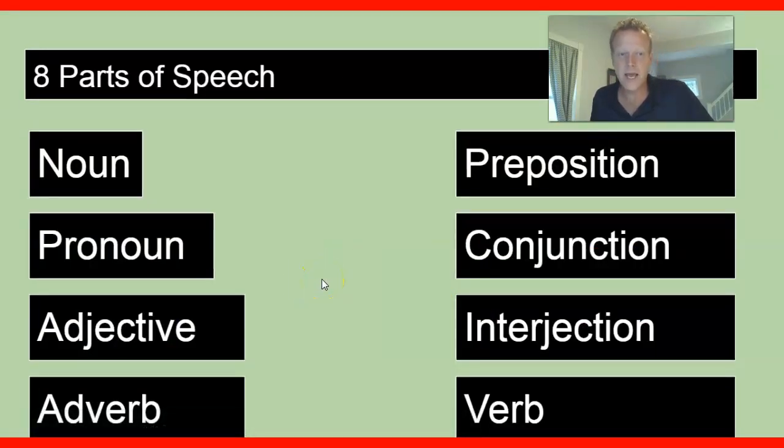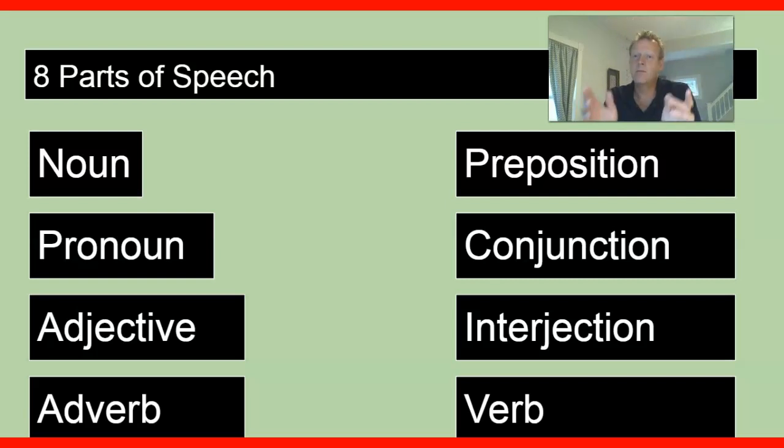All right, as a review, you've got a noun, a pronoun, adjectives, adverbs, prepositions, conjunctions, interjections, and verbs.